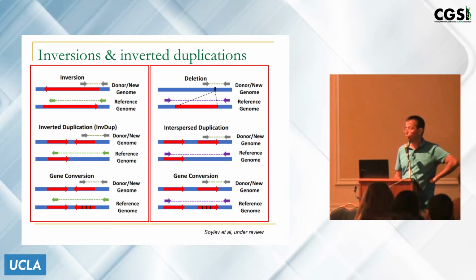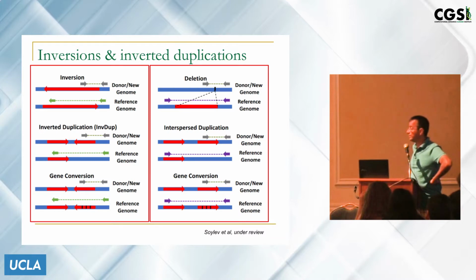The other one, normally, if there was no gene conversion, because of those differences, you would hopefully map them to the correct place. But since those differences are gone, you map that way over here. Again, the same signature, right? So if you have those cases, you have to call them as inversions. That's why 54% of those inversions are actually inverted duplications.